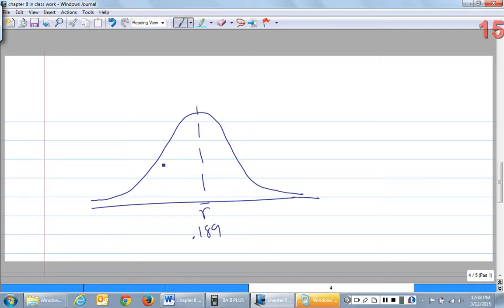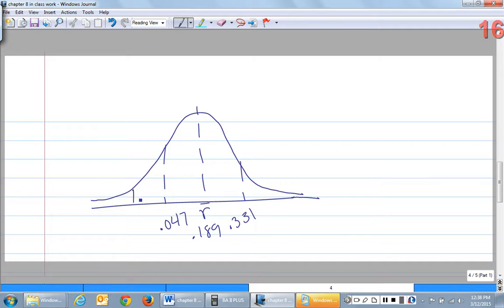We know that 68% of values lie within 1 standard deviation of the mean, which we calculated. So we have 0.047 and 0.331.